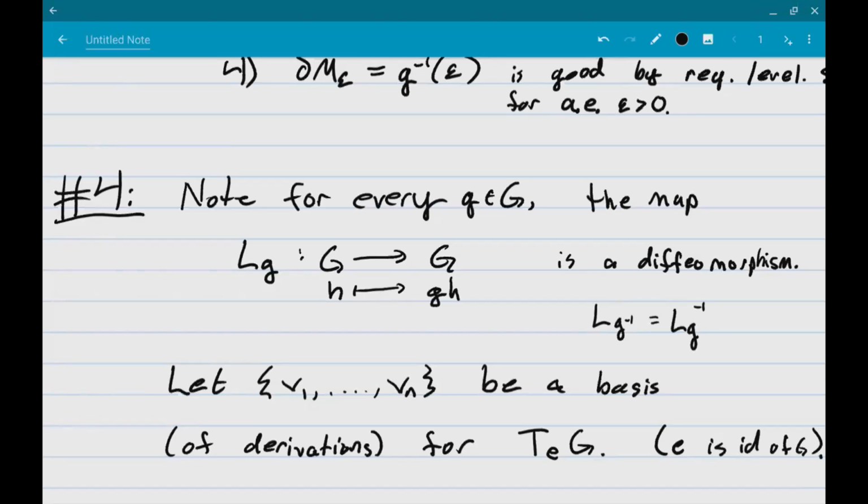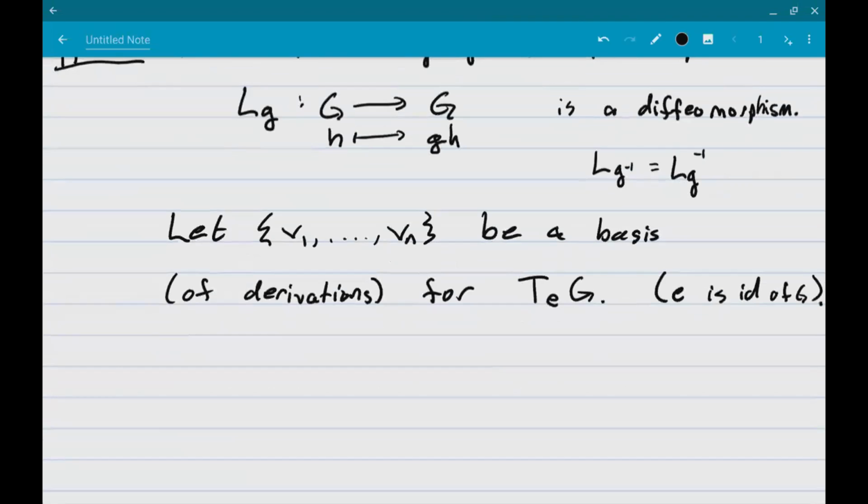Because the definition of being parallelizable is that there exists a smooth frame, right? And a smooth frame is a collection of n vector fields such that restriction at every point creates a basis for the tangent space at that point.